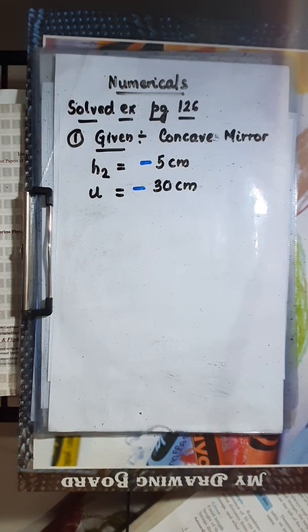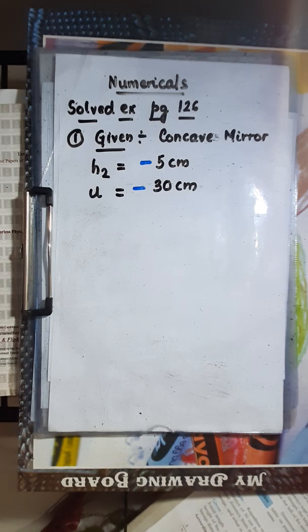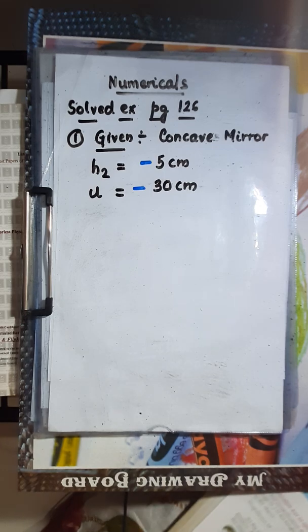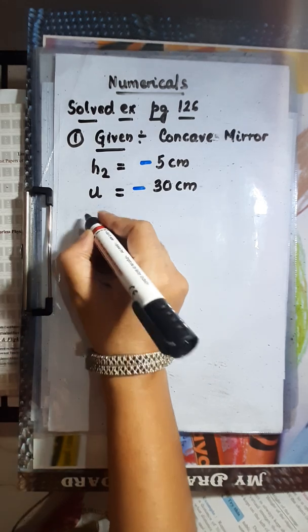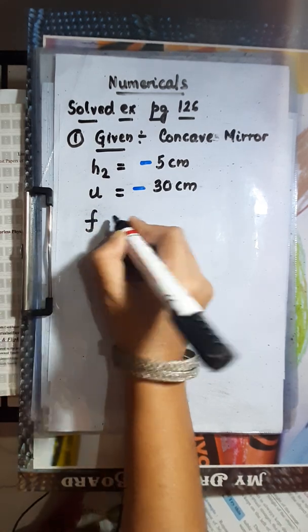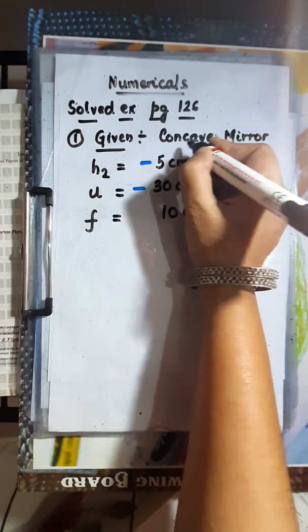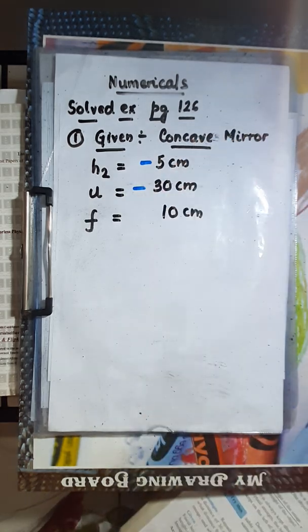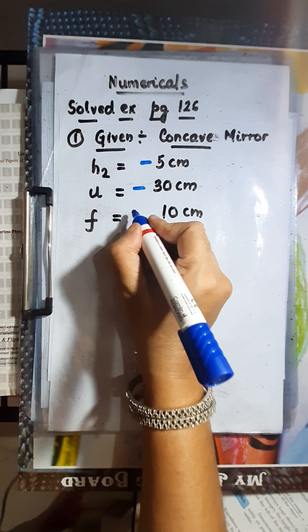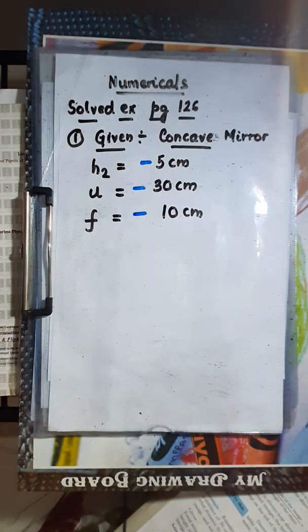Is that clear? Then the focal length is 10 centimeters. So f is equal to 10 centimeter. I told you because it is concave, f is negative.